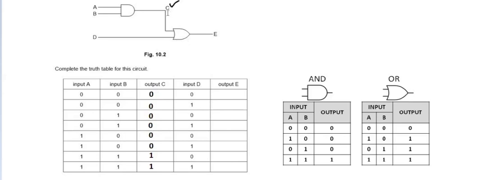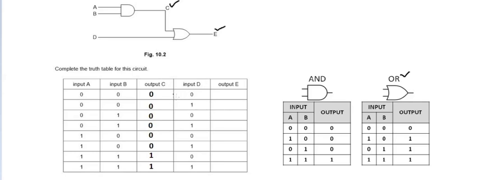Now we will find the output E of the OR gate with the help of the truth table for the OR gate. We will use these inputs C and D to find the output E.